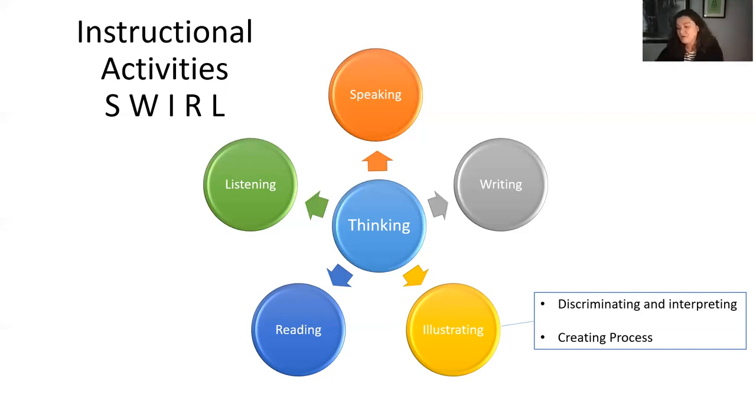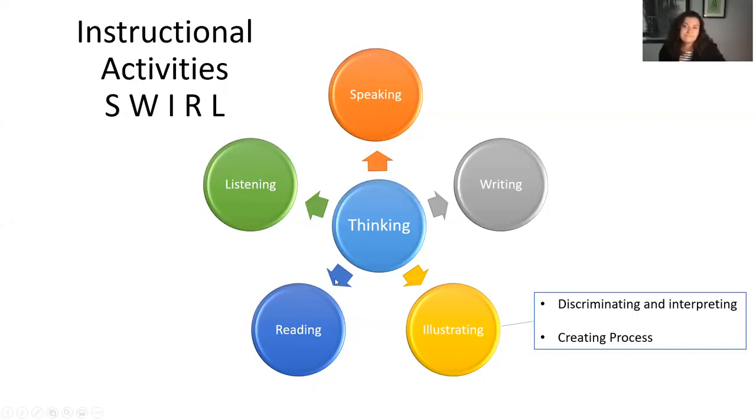That was my former career. I was an illustrator for magazines and articles, and then an architectural illustrator. I like that illustration is part of SWIRL, and not just creating, but also analyzing visuals in a historical or modern context.